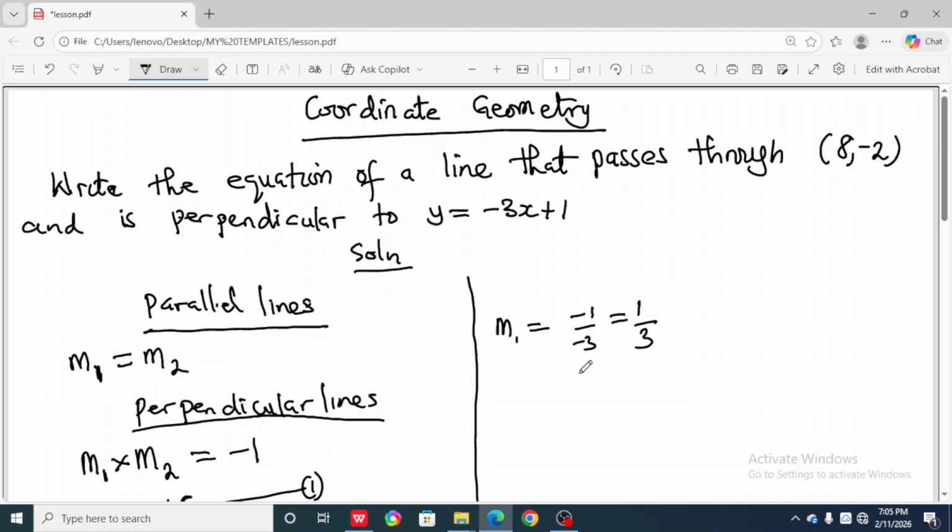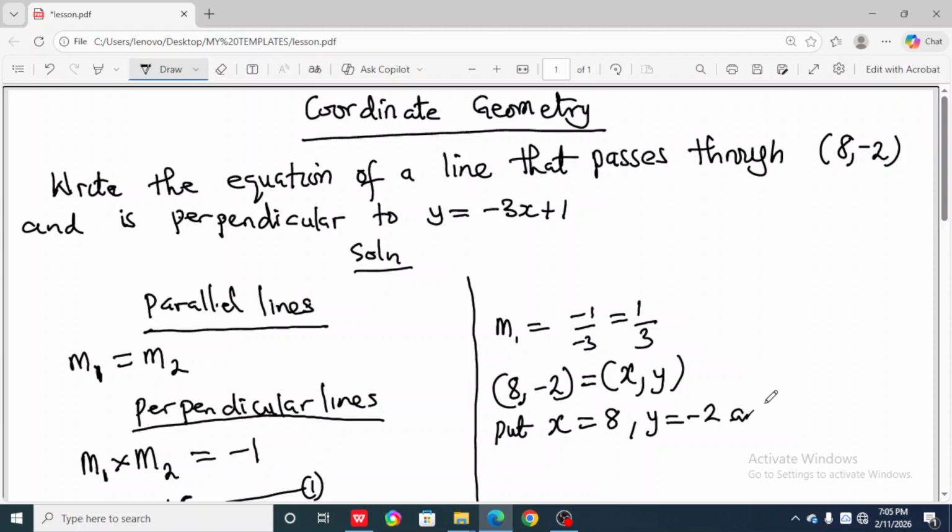The next thing is for us to get c. How do we get c? That is the reason why they gave us this point. The point (8, -2) is equal to (x, y), and that means x is equal to 8 and y is equal to minus 2.